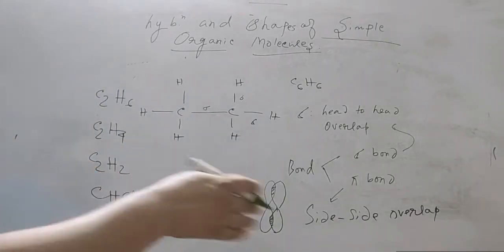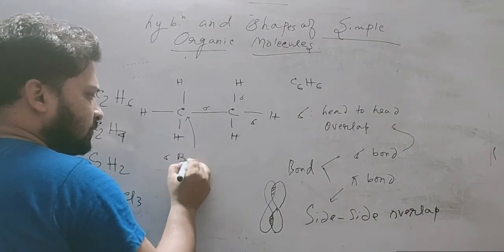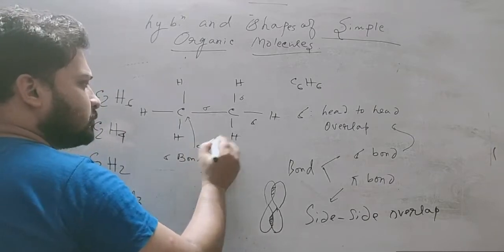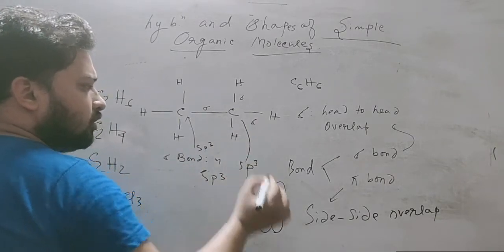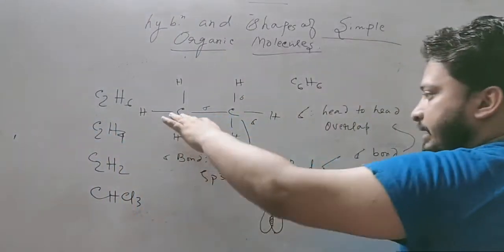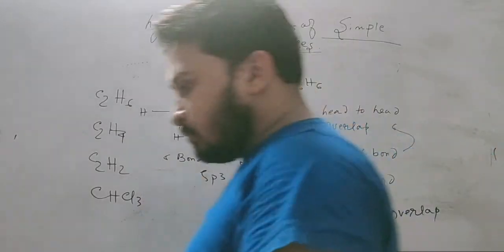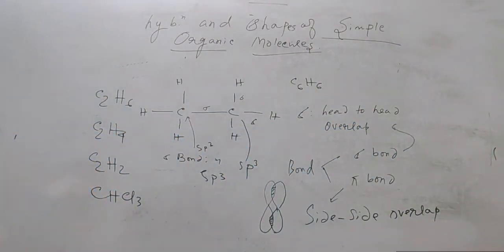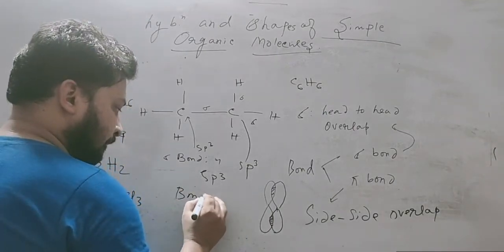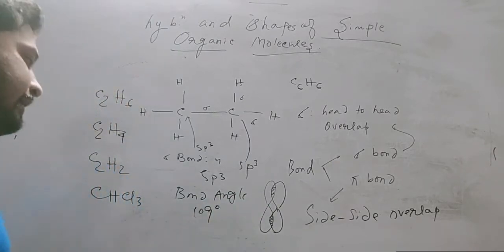And the hybridization of this carbon, as the number of sigma bonds is 4, is sp3. So this carbon is also sp3 and this is also sp3. Is it clear? And the bond angle, you get to know that is 109 degree 28 minutes.